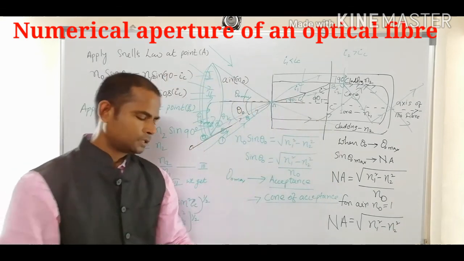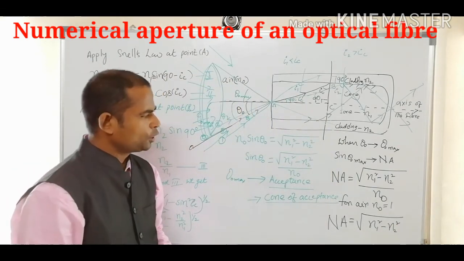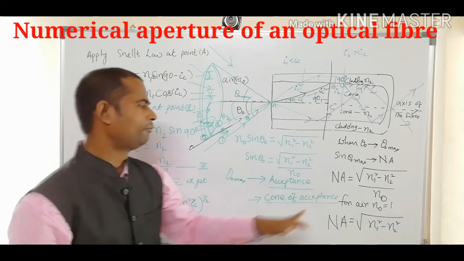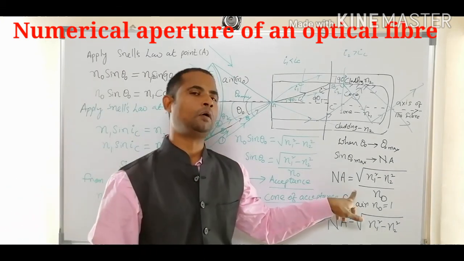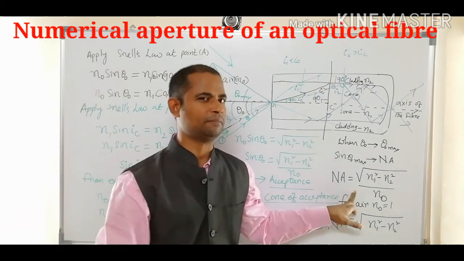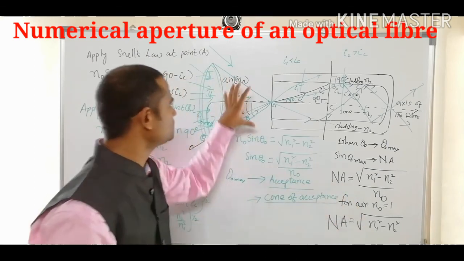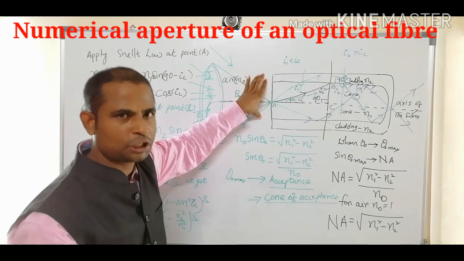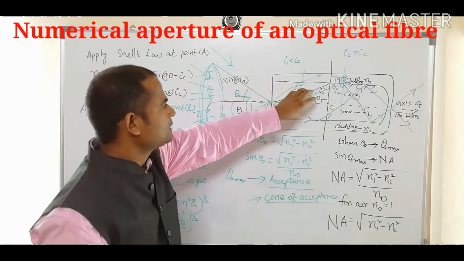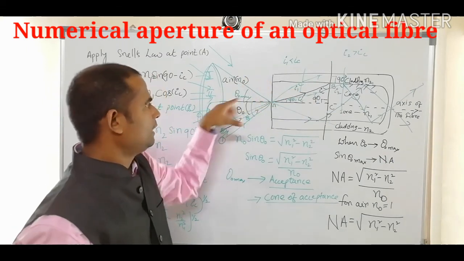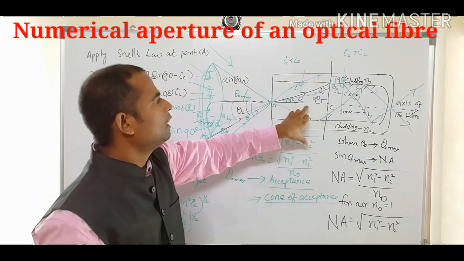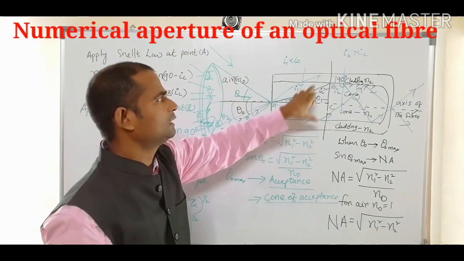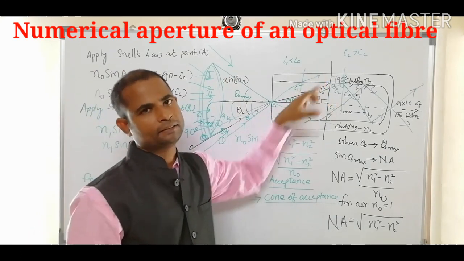That means the numerical aperture of an optical fiber depends on three mediums. What are those three mediums? The interfacing medium to the fiber cross section and its refractive index, the core refractive index, and the cladding refractive index.